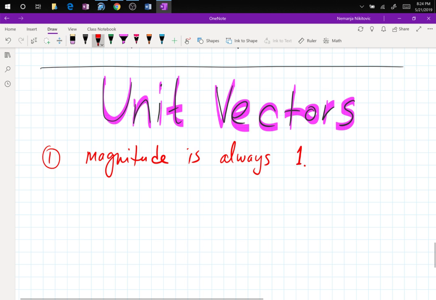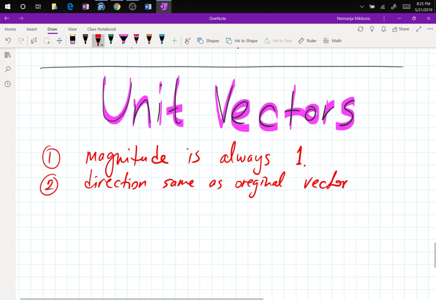I really get depressed when I ask at a test, compute the unit vector, and then the magnitude of that thing is 17 for some reason. Magnitude must be 1. Now, the direction of the vector is the same as the original vector.